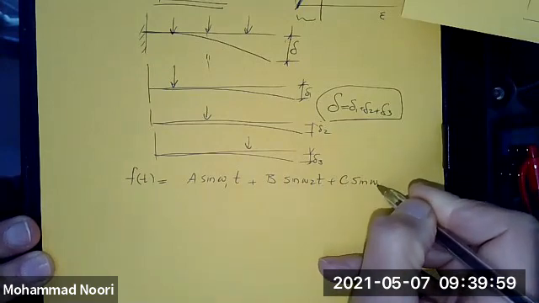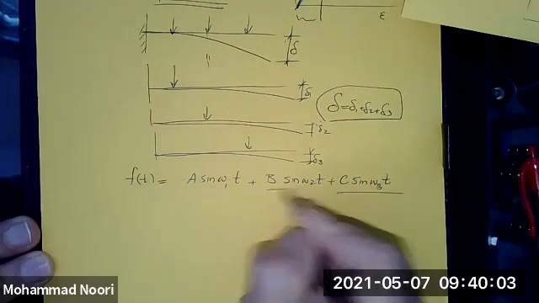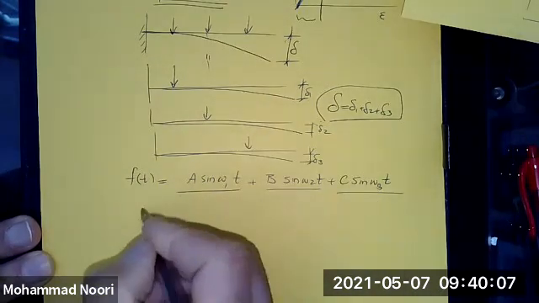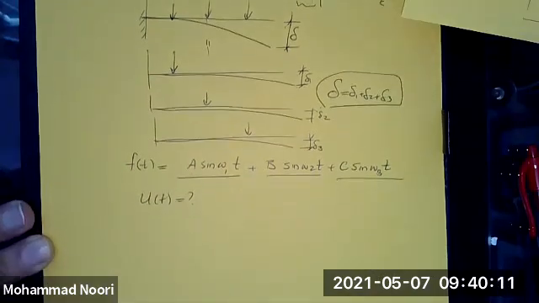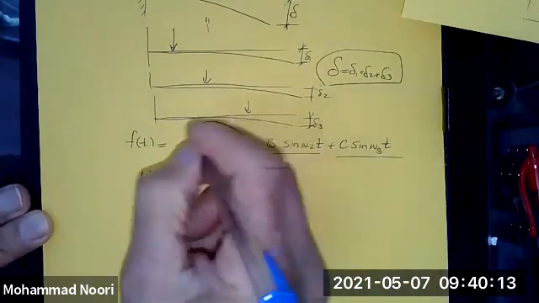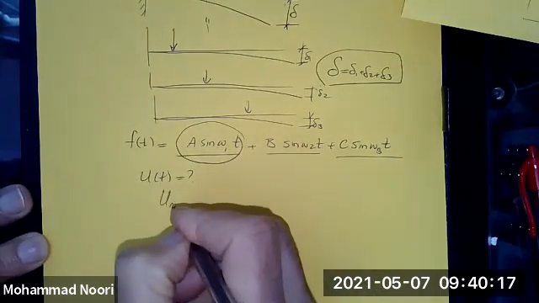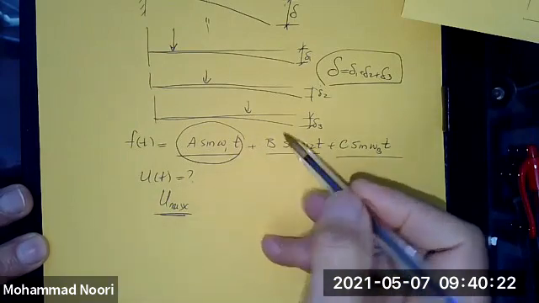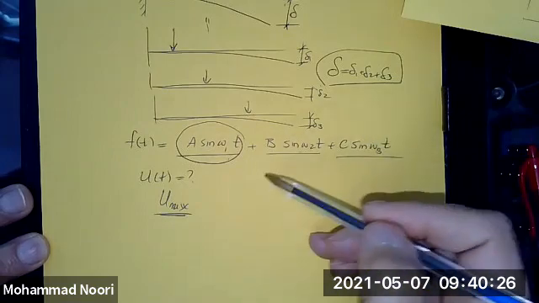So if you have three harmonic forces of different frequencies and different amplitudes acting on the system, how do you find the response of this system under the action of each of these? You know that for this one, let's say you want to find the maximum displacement. The maximum displacement would be the maximum displacement due to this, and this, and add it up.